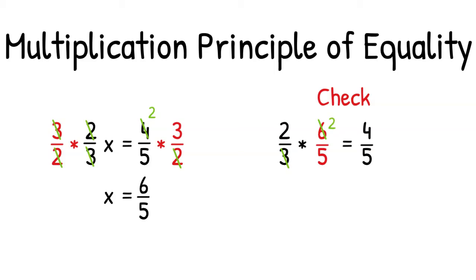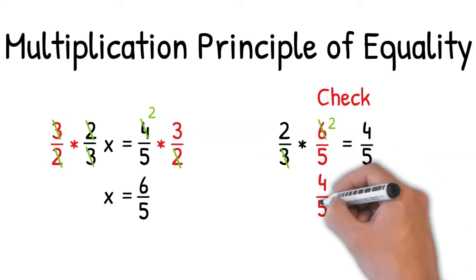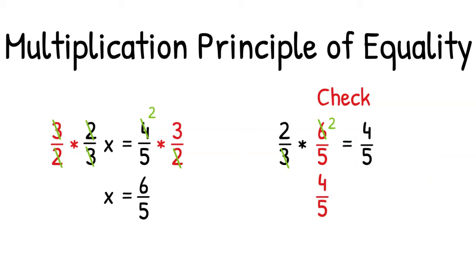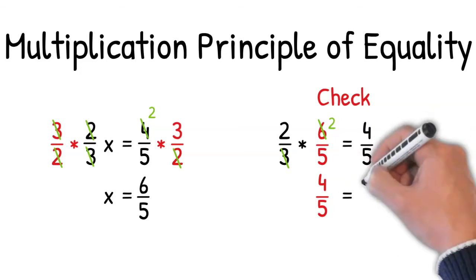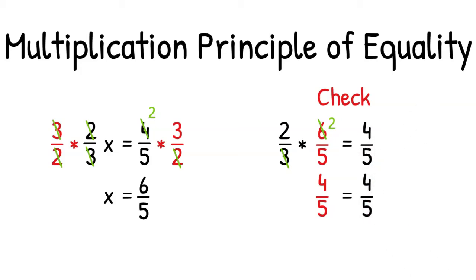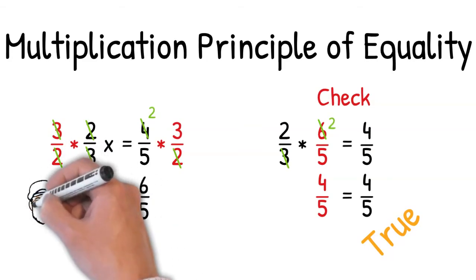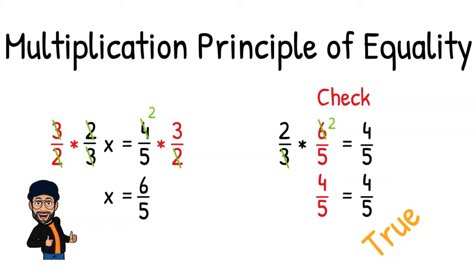Now, take what's left and multiply straight across. 2 times 2 is 4. 1 times 5 is 5. We end up with 4/5. 4/5 is equal to 4/5. So this is true. Therefore, x is equal to 6/5 is a solution for the equation 2/3 x is equal to 4/5.